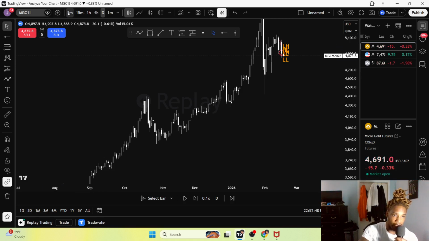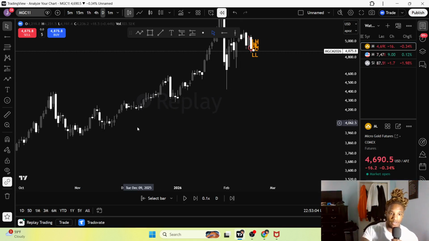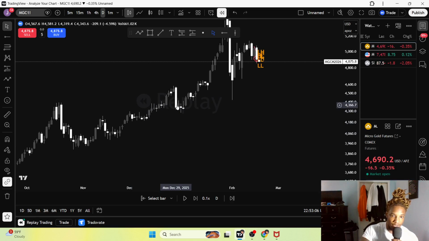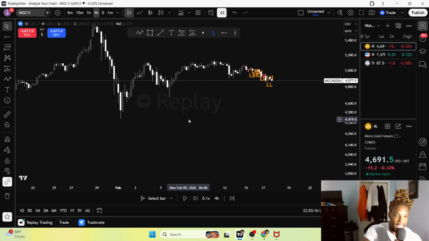Also, one more thing. Where my mouse is right now, these are called time frames, right? And remember I told you guys that these are called the candlesticks. So I'm on the daily time frame right now. Every bar that you see represents 1 day of price action. So we had a day where it was selling, a day where it was buying, a day where it was selling, a day where it was selling again, a day where it bought, etc. We go down to the 4-hour time frame, same thing.